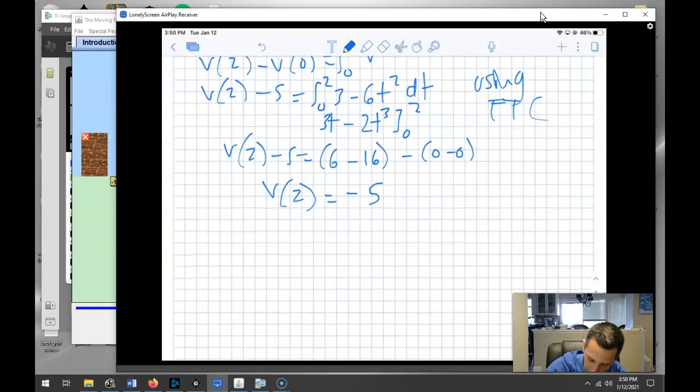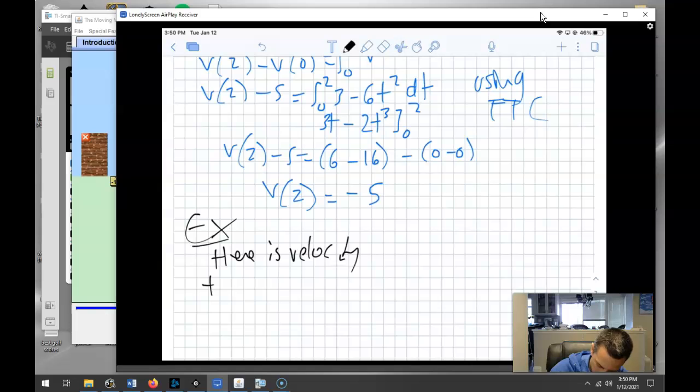So if I give you a table of data, they love giving you a table, and they love giving you velocity data. So here is velocity of some object. So we say here's t in terms of hours, and here's v of t in terms of, I don't know, feet per hour or whatever.